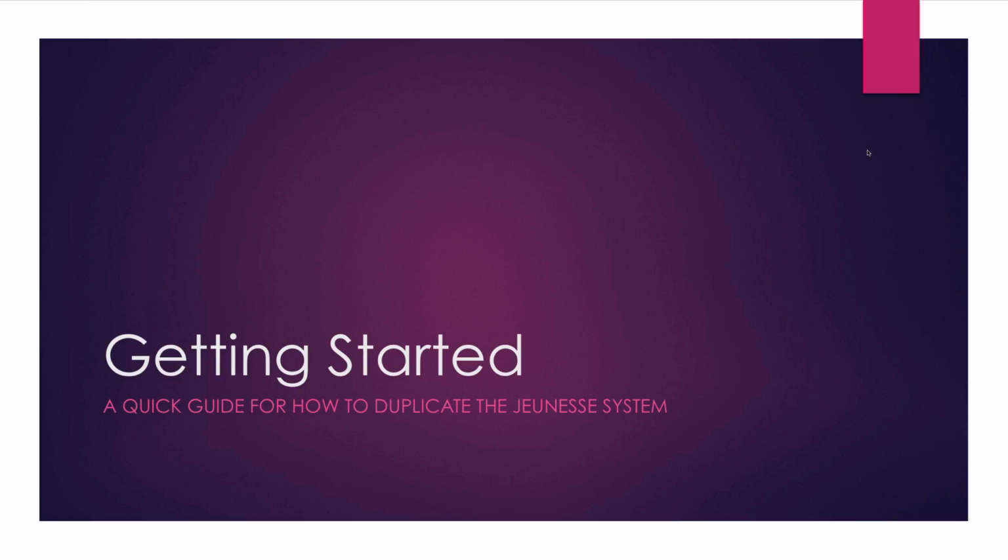So today, in terms of duplication, I'm going to be talking about the 5 steps to getting started. Now, I've covered this before in a previous webinar, but this is the recommended process that you need to be following. So there's 5 steps, and we're going to go through those steps with you.